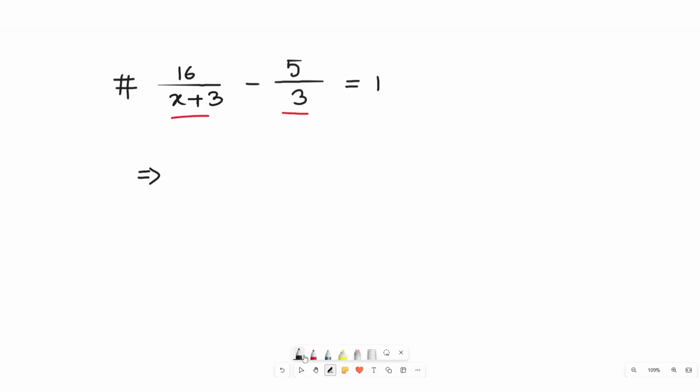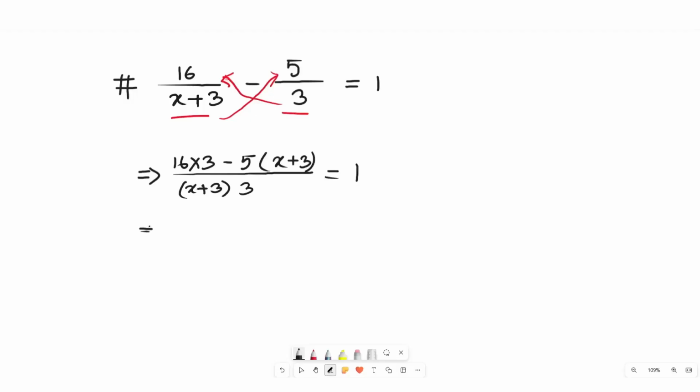Now we write (x plus 3) times 3. To get our new numerator, we have to apply cross multiplication. So we multiply 16 with 3 and negative 5 with (x plus 3). So now we write (16 times 3 minus 5 times quantity x plus 3) over the denominator, equals 1.